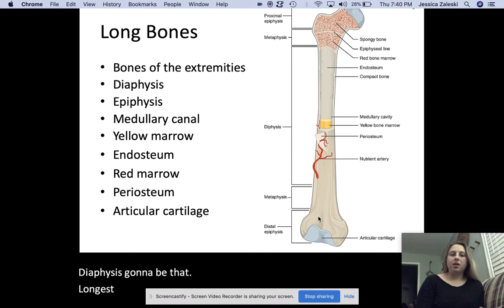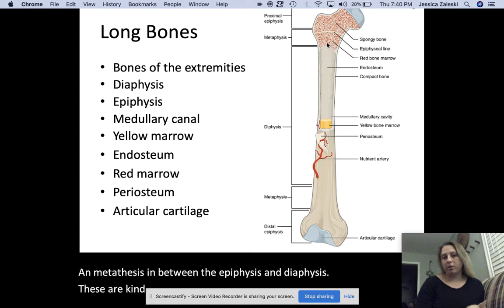Epiphysis is going to be at the very end, on either end. And then you have the metaphysis in between the epiphysis and the diaphysis. These are kind of where your growth plates are when you're younger. Then you have your medullary cavity.